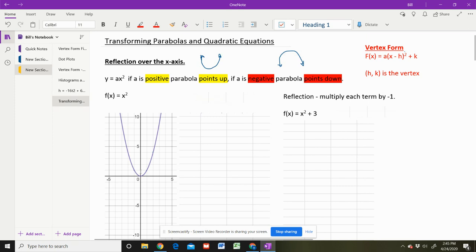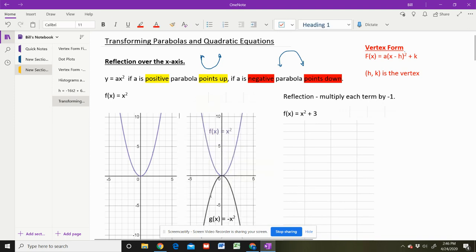So if we want to do a reflection of x squared over the x-axis, what would our function look like? Our graph is going to look like this. I gave away the answer there, but the graph is going to look like the unhappy face, pointing down.